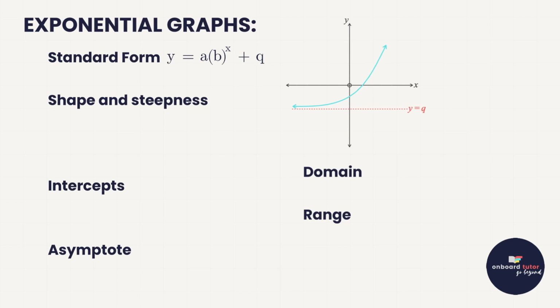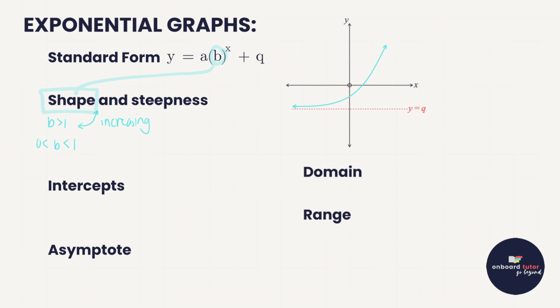And the first thing is this b value here helps us to understand the shape. Okay, so b is going to tell us about the shape. Now, there are two things that we need to know about b. Either b is a whole number that's bigger than 1, okay, and then we'll see an increasing function. All right, or we can end up with b that is actually a fraction between 0 and 1.